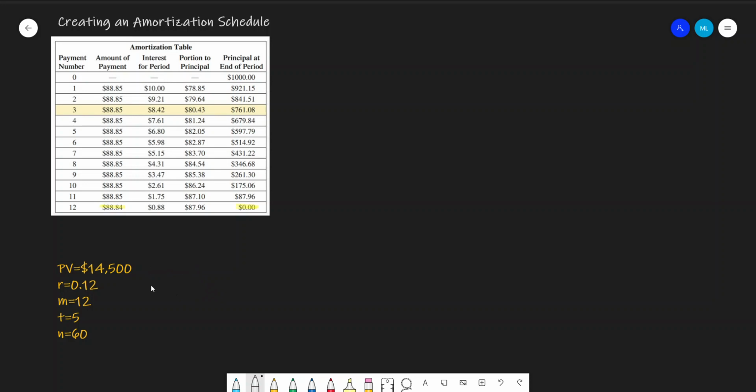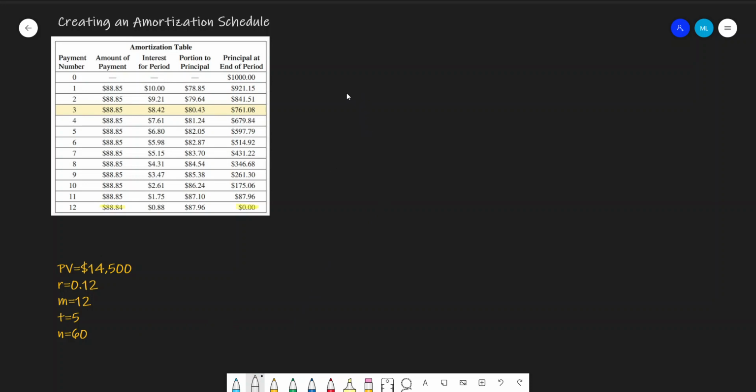So let's consider an example in which 14,500 is borrowed at an interest rate of 12% compounded monthly for 5 years. In that case, we don't really know what the payment is at the moment.